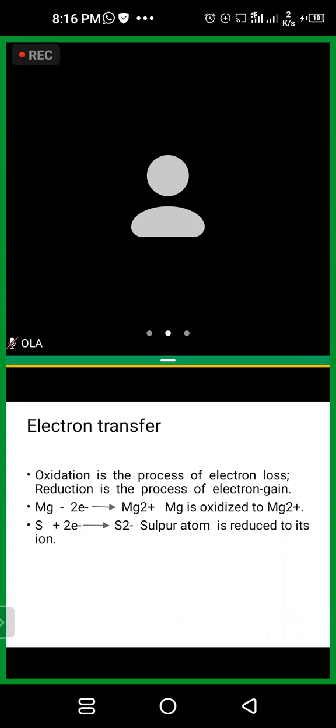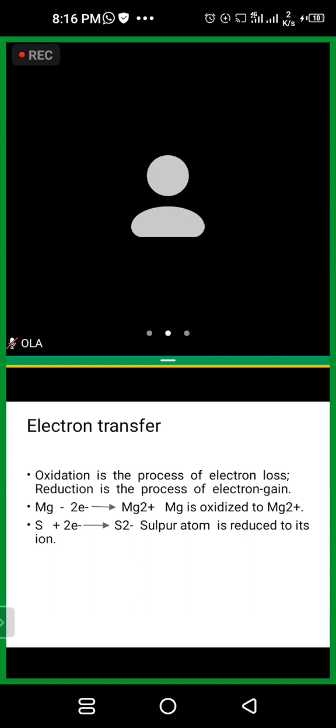Now, looking down, we have sulfur. Sulfur needs 2 electrons. It has an atomic number of 16. So its electronic configuration is 2,8,6, meaning it needs 2 electrons in its outermost shell to attain octet configuration. That is, for it to have 8 in its outermost shell too.